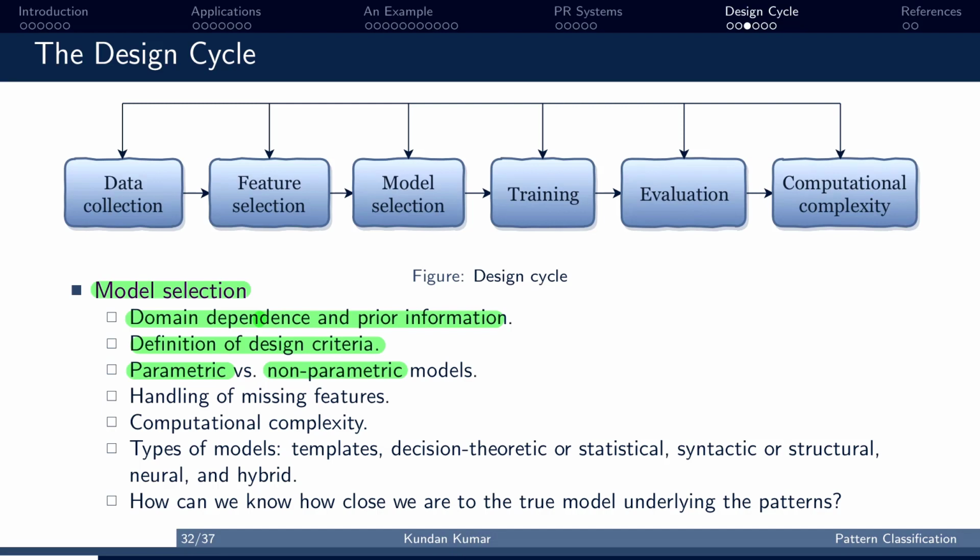Maybe we should have the parameters of the distribution, and it is possible that we don't have them. Sometimes we don't have features at some places.